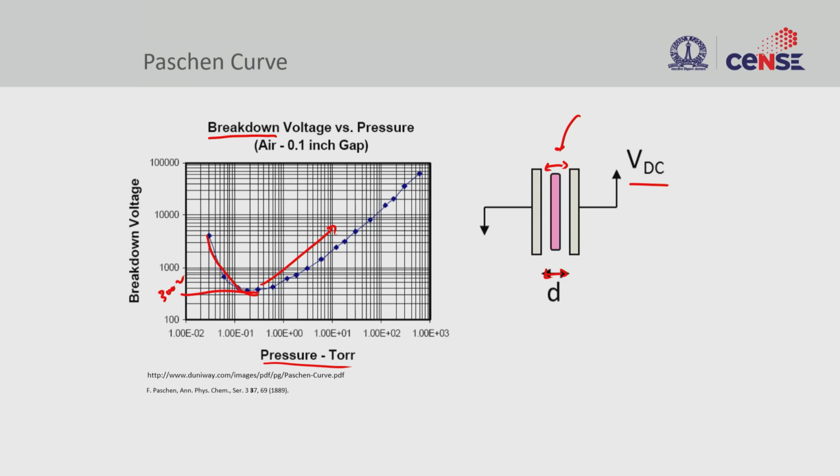That is the reason you need a higher voltage to reach the same breakdown level. This is how we need to understand this Paschen curve. It's not that any pressure, any gap would work. At a certain gap between the electrodes, we have a sweet spot pressure that will give you the lowest voltage for breakdown.